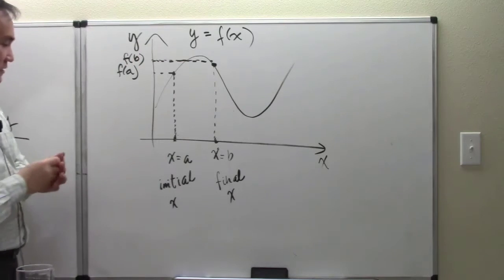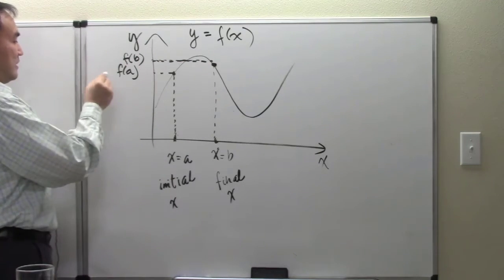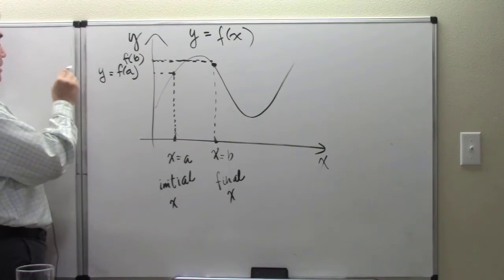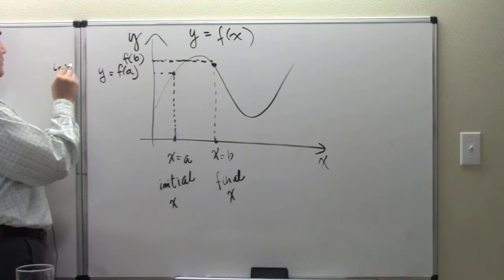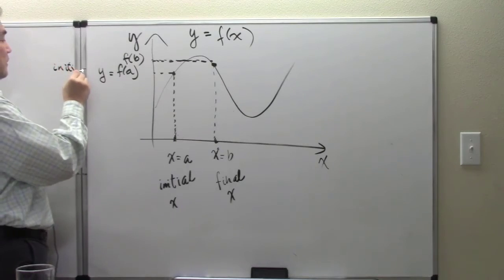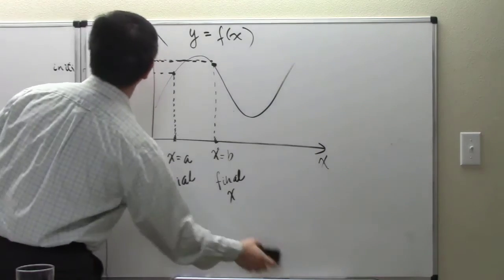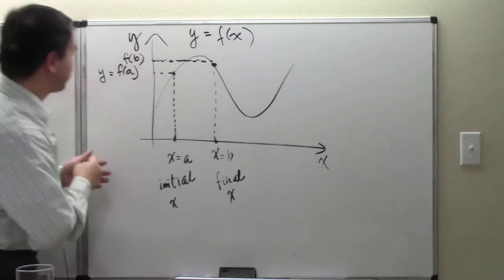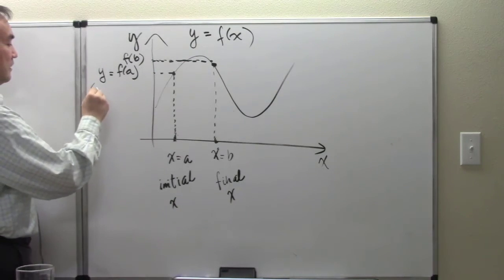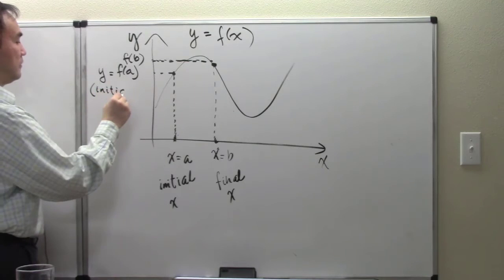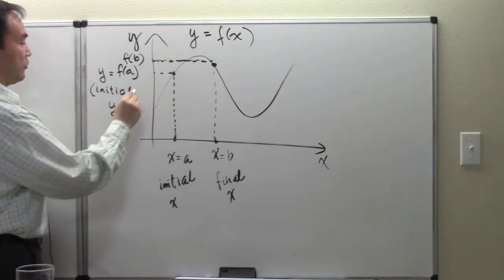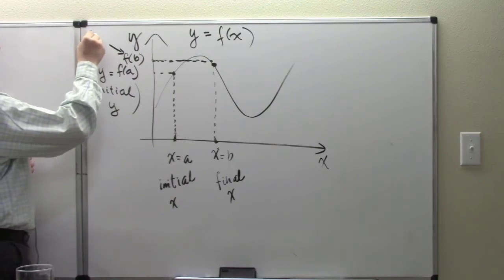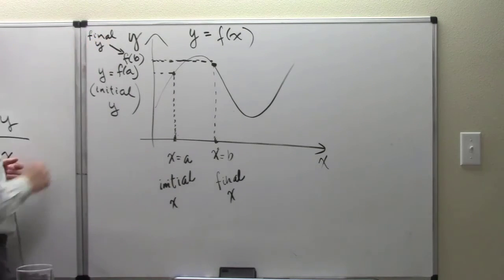So, in more formal terms, this is the initial y value, versus this one here, which is the final y value.